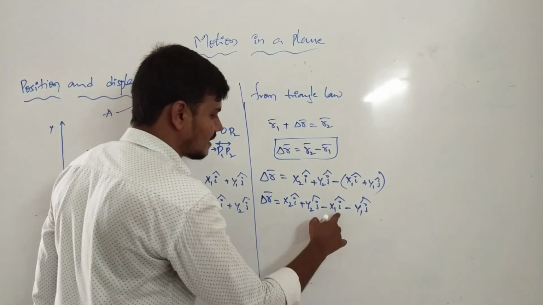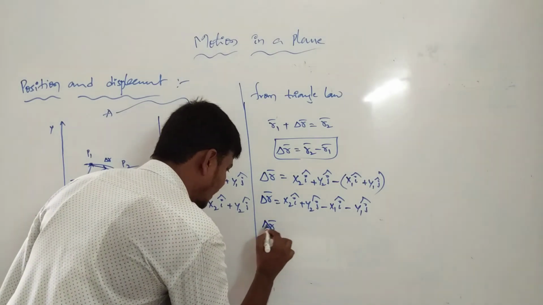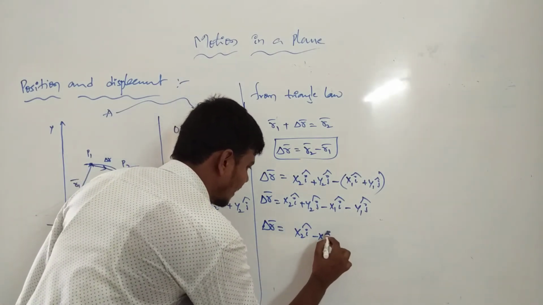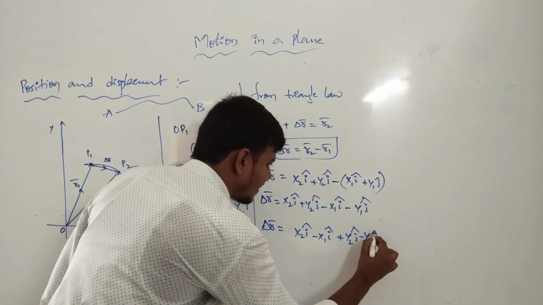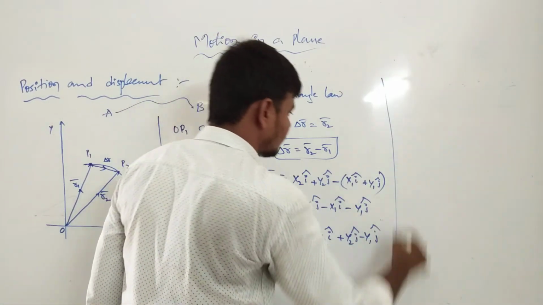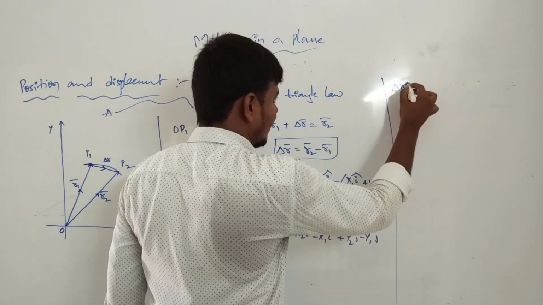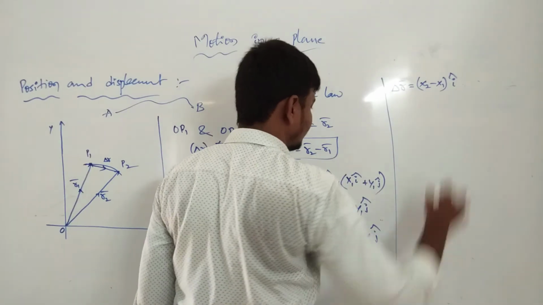Grouping the like terms, delta R bar equals x2 i cap minus x1 i cap plus y2 j cap minus y1 j cap. That is, delta R bar equals (x2 minus x1) i cap.